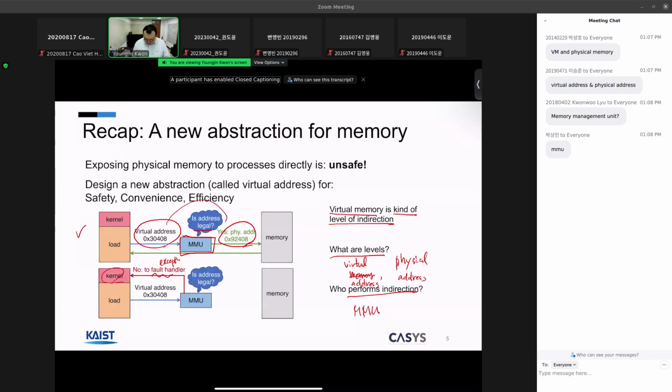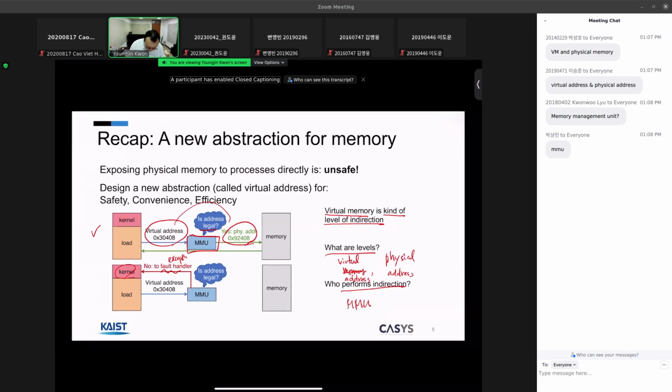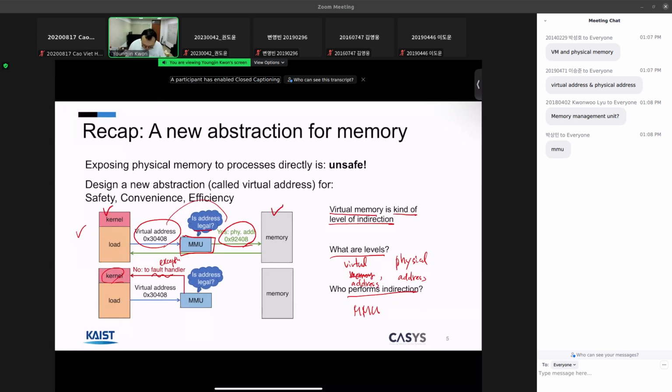So that is the concept. That's actually the most important aspect of virtual memory design. We will discuss what kind of benefit you can get from this level of indirection. But for protection and for flexible management of the virtual address domain and the physical address domain, the level of indirection provides many benefits for these operations.